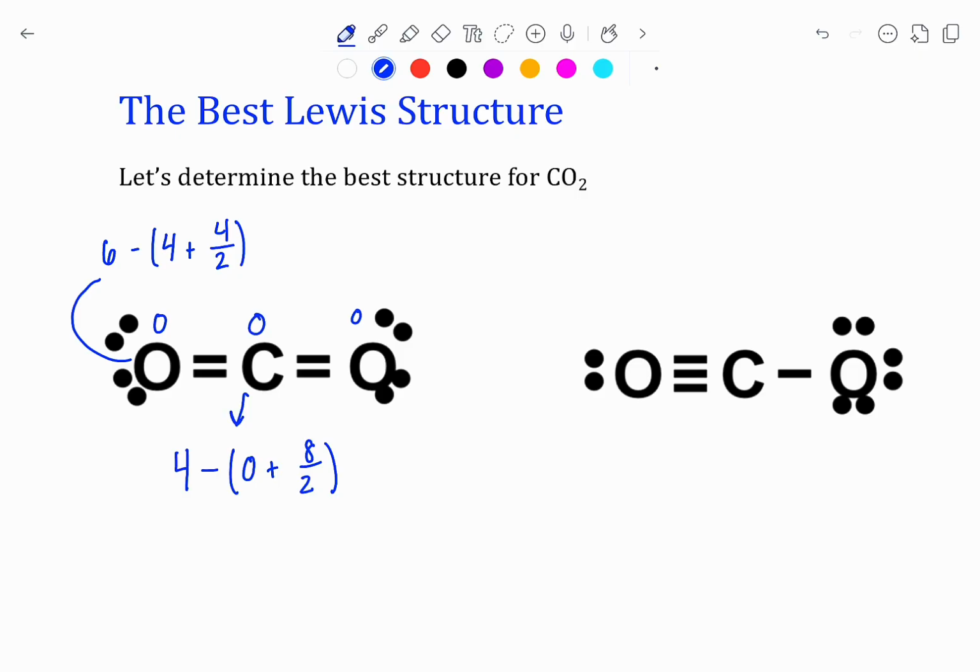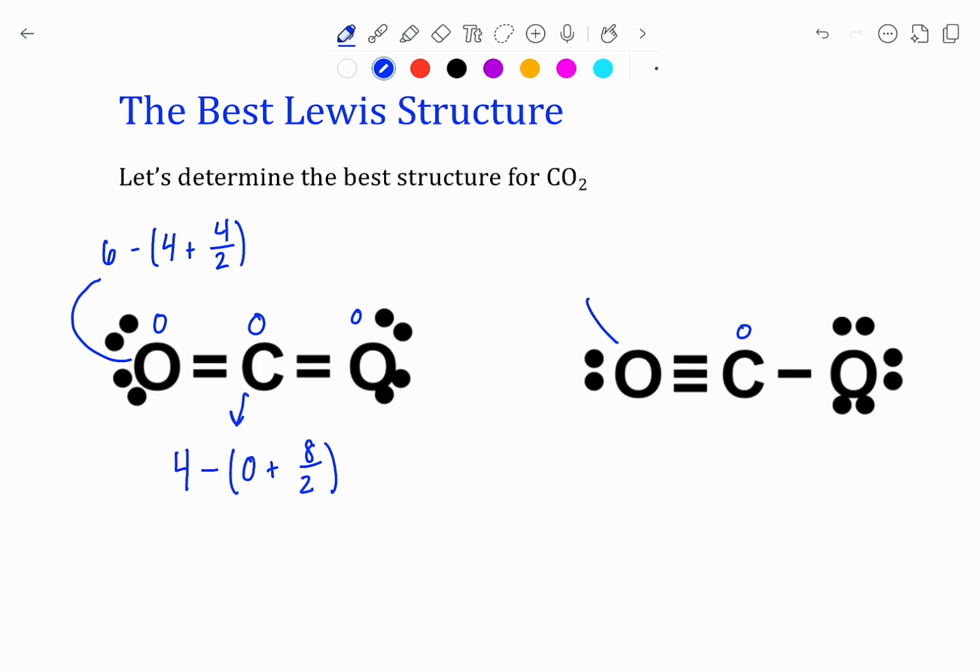Okay. Let's look at the other one to see if that one could get any better. I don't know if we can, but let's see if it could. So this carbon is going to keep the same formal charge as before because it still has no lone pairs and 4 bonds to it, so I don't need to recalculate that.